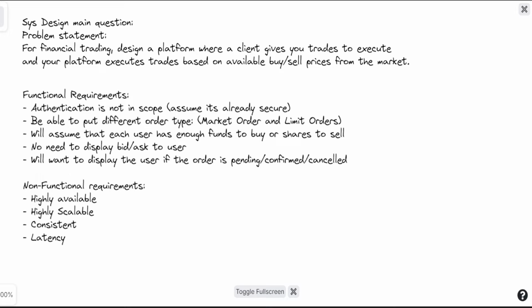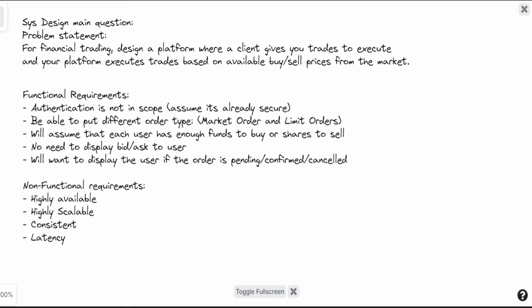High frequency traders could see a user putting an order and front run it because they have lower latency. In this case, the latency is low, but not crazy low. So that would be a good non-functional requirement to start off.